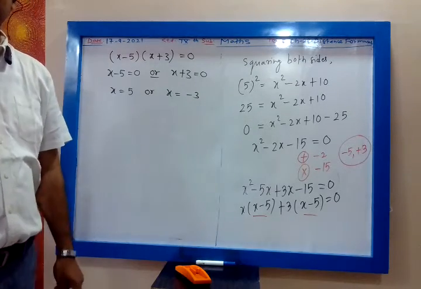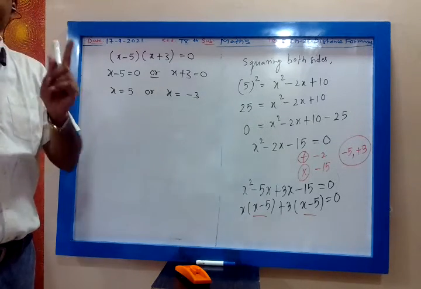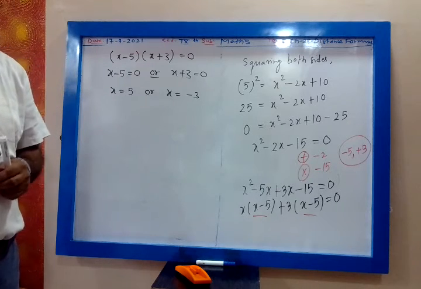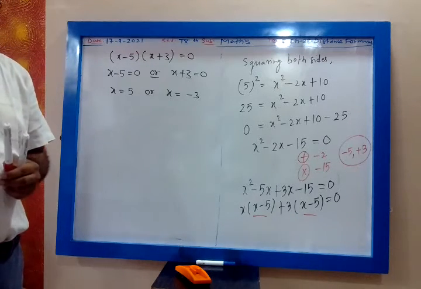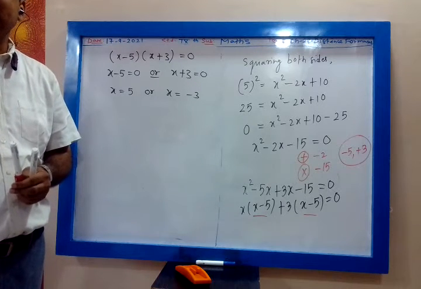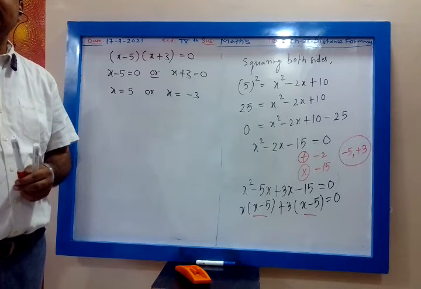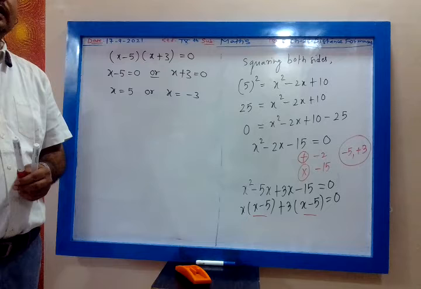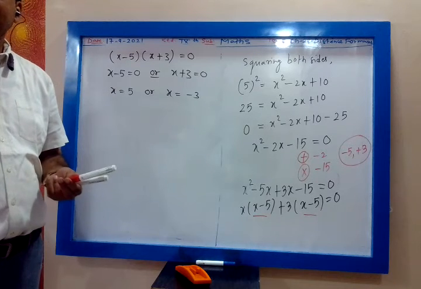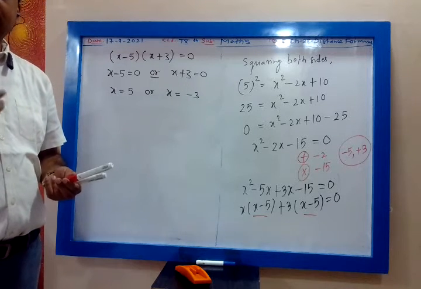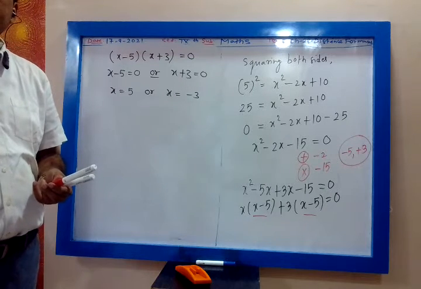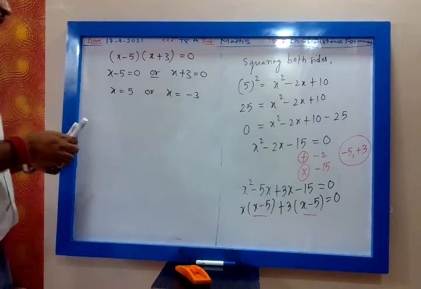But is minus 3 acceptable? X is not the distance, x is the coordinate. Coordinates can be negative as well as positive.